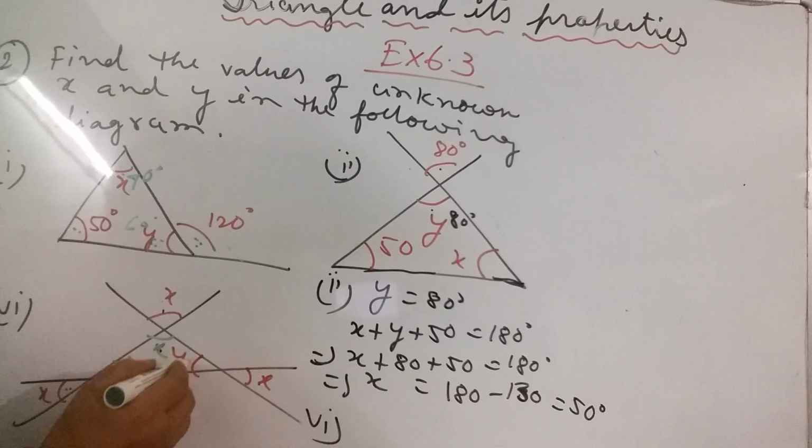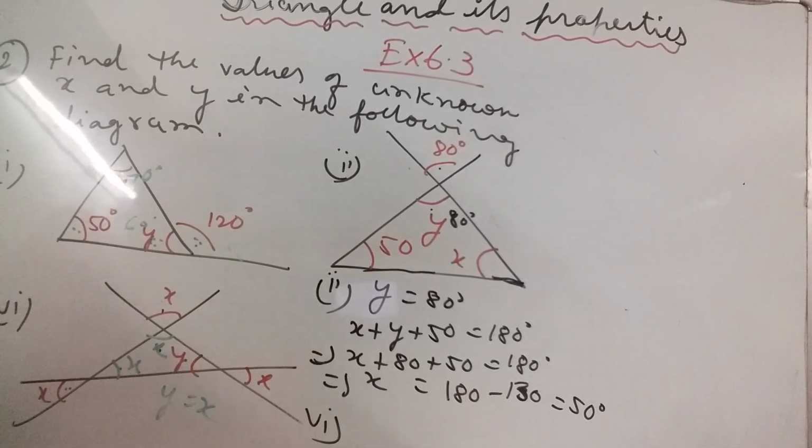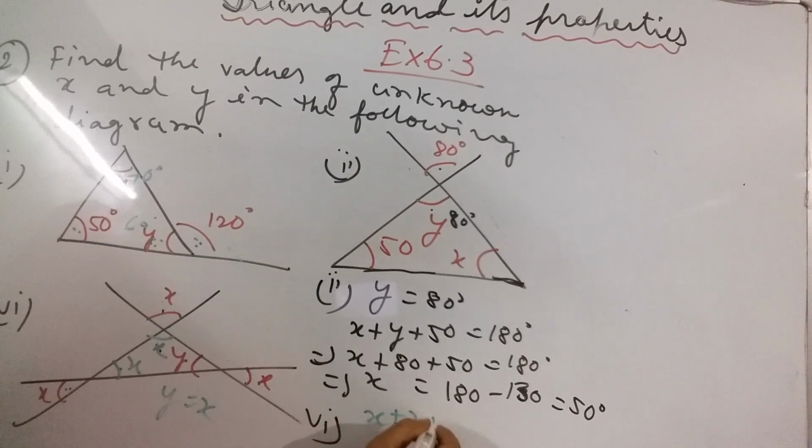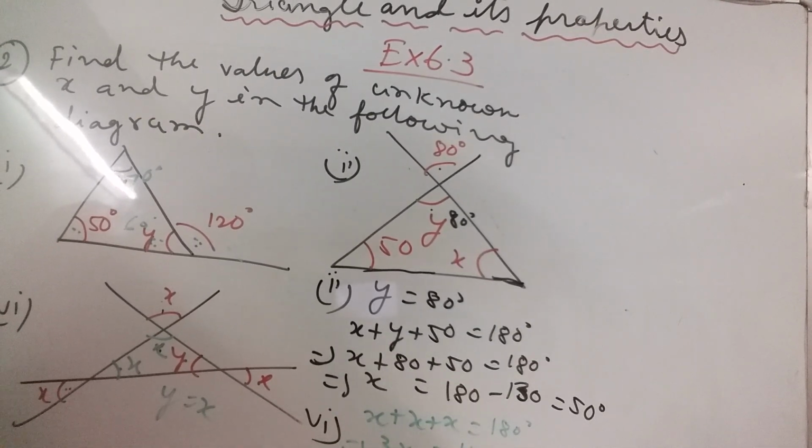So y equals x. So ultimately you get x plus x plus x equals 180 degree. So 3x equals 180 degree. So x equals 180 divided by 3, that is 60 degree. So each angle is 60 degree.